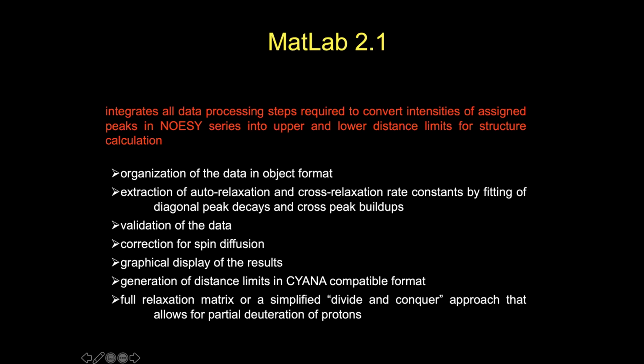And because we have two different approaches to correct for spin diffusion, one of which is a little bit superior. It's basically a divide and conquer approach. And we can actually also apply this one for partially deuterated proteins. This is very helpful because when you move to larger proteins, you may use deuteration of your proton positions. And the most popular application these days is that you deuterate your entire protein and then you reprotonate specific methyl groups.